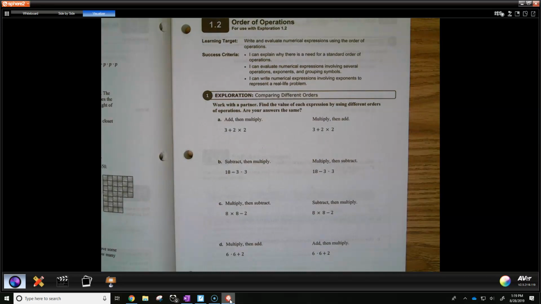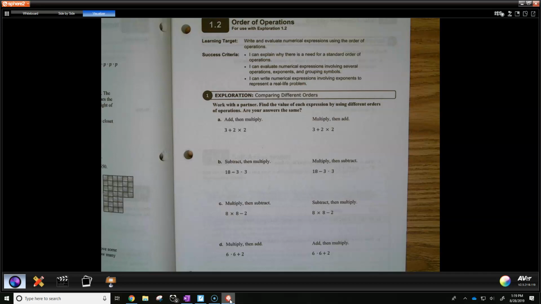We see our learning target at the top. We see the success criteria we just went over. And it says exploration. Here's what I want you to do. You're going to work not just with a partner, but your table. I need you to answer each expression, but how they tell you.